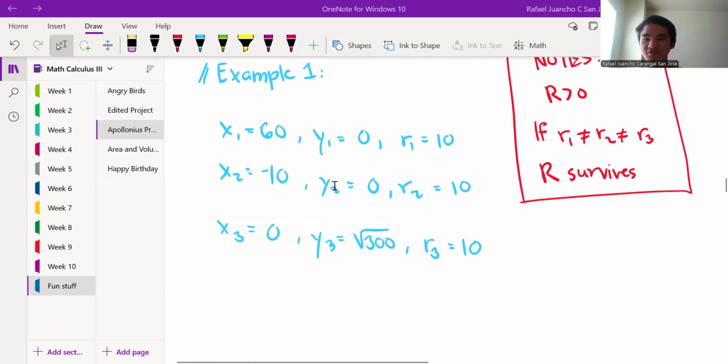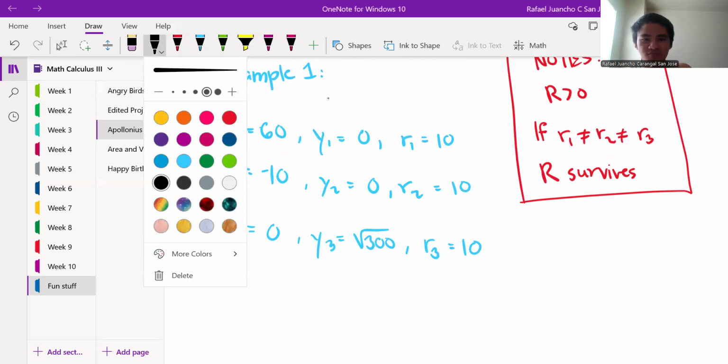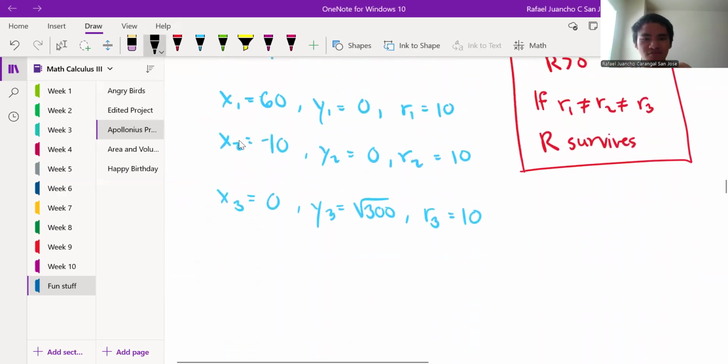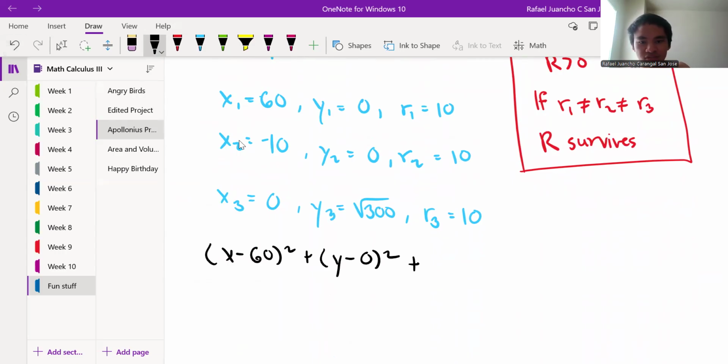So these are the three circles. Well, this is one circle that worked, or three circles in one that worked, three in one. It's when we have these equations. We have x minus 60, y minus 0, equal to 10 squared, right?